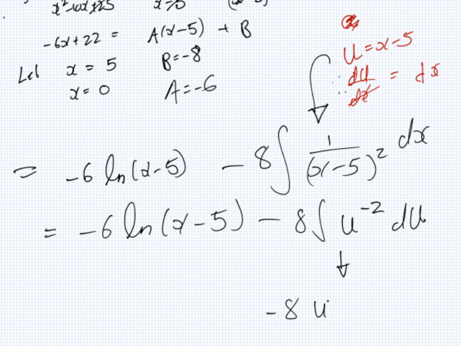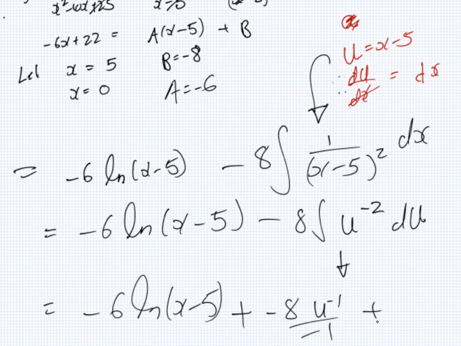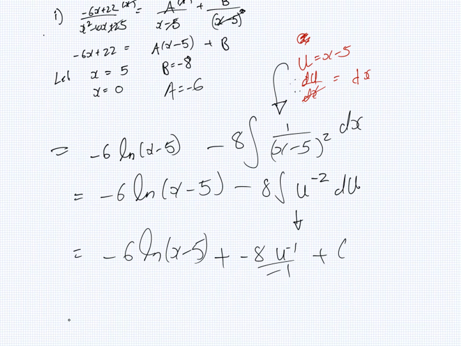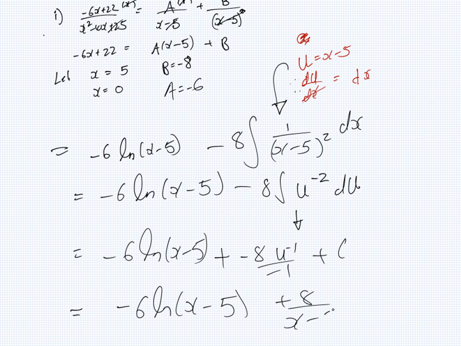Minus 8u to the minus 1 over minus 1. So last step, minus 6 log x minus 5 plus 8 over u plus c.